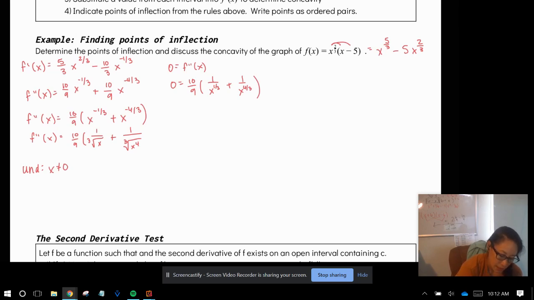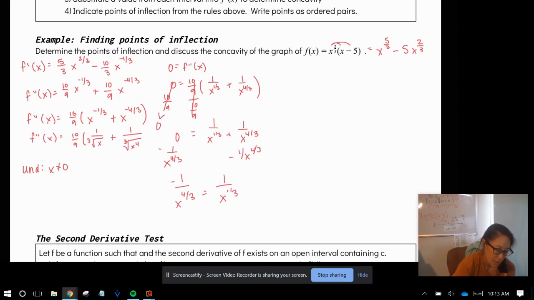And then I will divide out the 10 over 9 on both sides, which gives me a 1, and then this goes to 0. So I have 0 is equal to 1 over x to the 1/3 plus 1 over x to the 4/3. I will subtract the 1 over x to the 4/3 to the other side. So negative 1 over x to the 4/3 is equal to 1 over x to the 1/3.